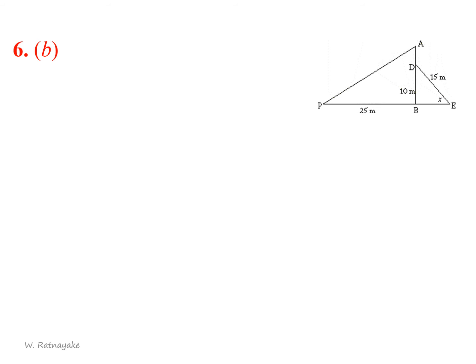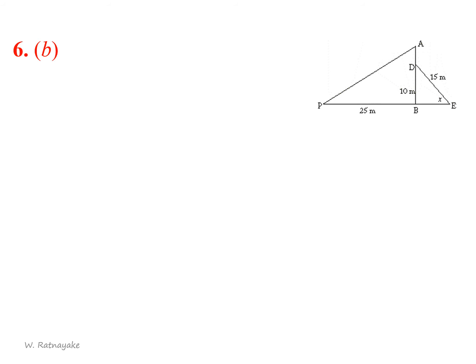So here the opposite side is given and the hypotenuse is given. The ratio between the opposite side and the hypotenuse in trigonometry is given as sine. So here we have to use the sine ratio.